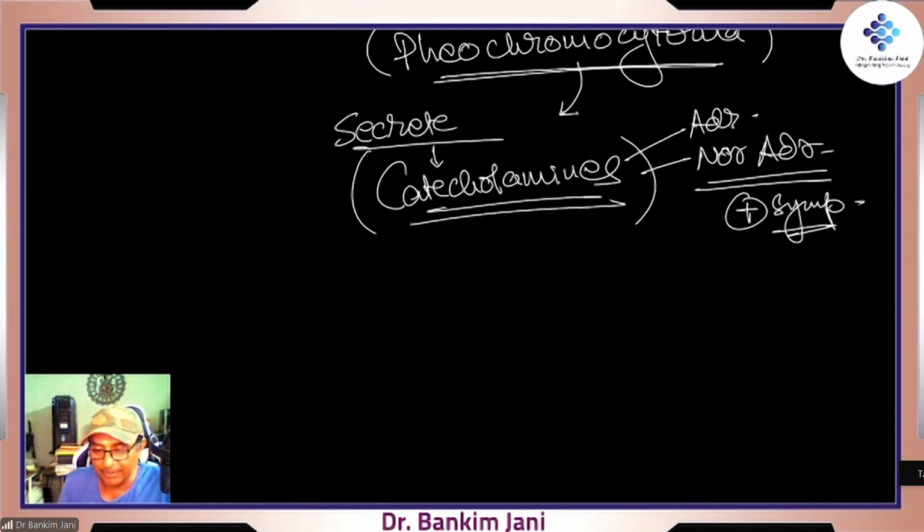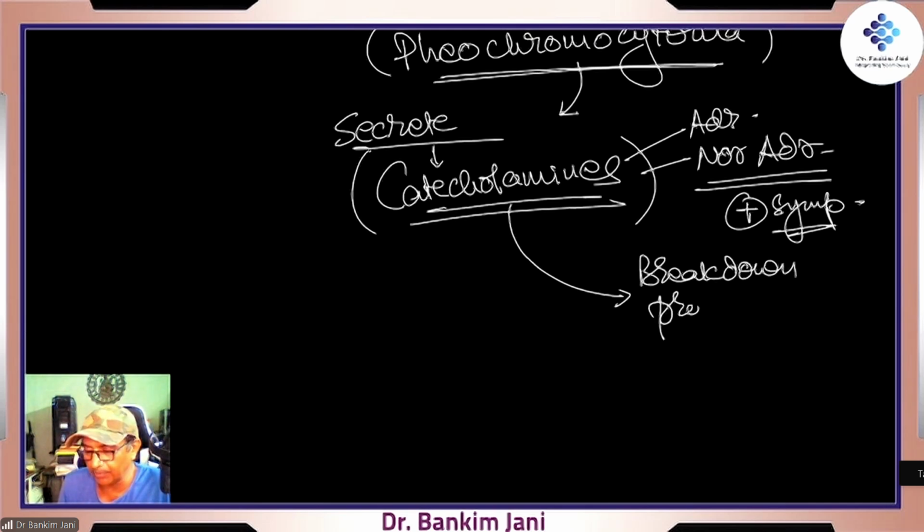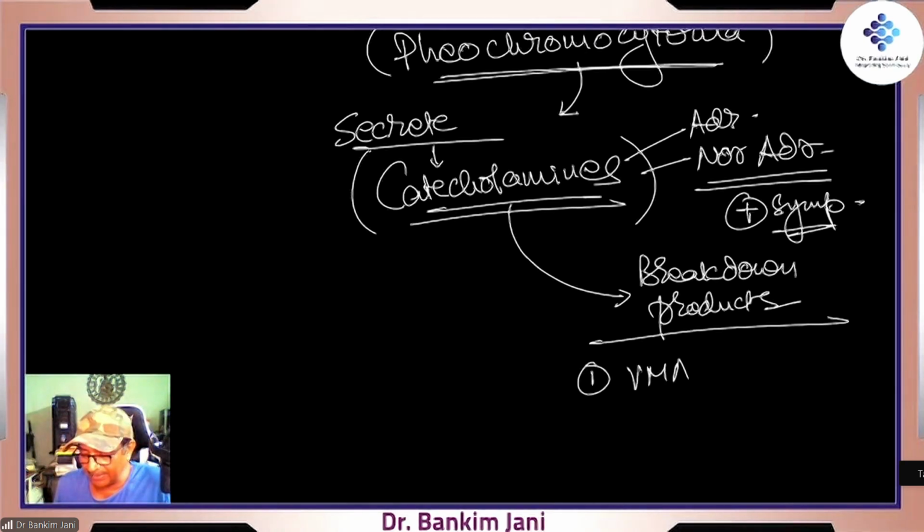How will you diagnose this? Now for these catecholamines, there are some breakdown products. Right? These are the breakdown products. When they are synthesized and broken down, they lead to certain substances, one of which is called the VMA, vanillylmandelic acid.